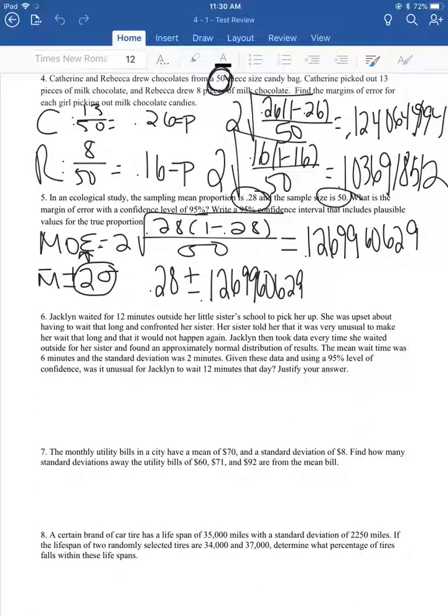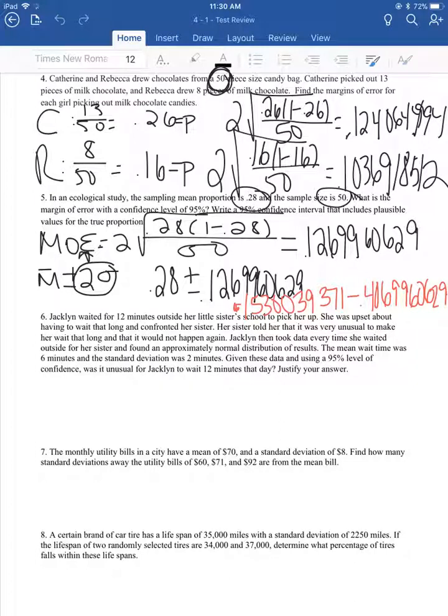So my final answer for the confidence interval is 0.1530039371 up until 0.4069960629.